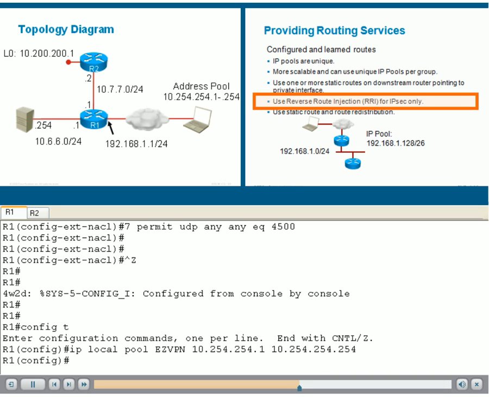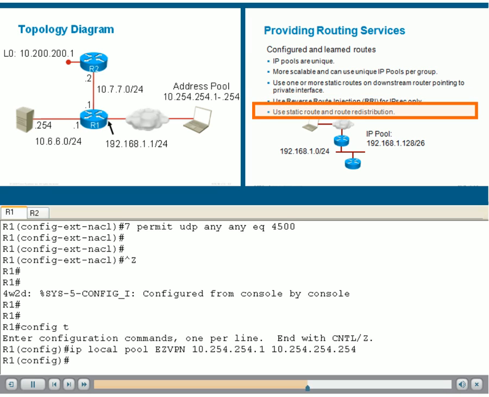This protocol will inject the client's host address into the routing table, but only when that particular client is connected. If the client disconnects, the entry is removed from the routing table. You can then redistribute those entries in the routing protocol and the routes are advertised across the network. RRI is an IPsec feature, so we will not use it in this demonstration.